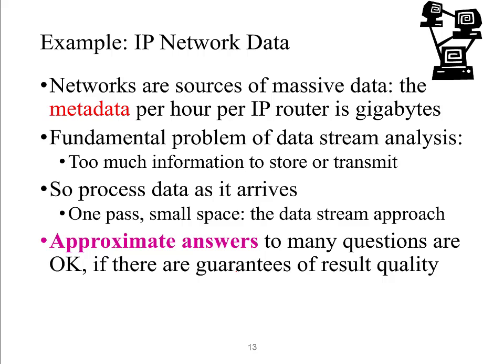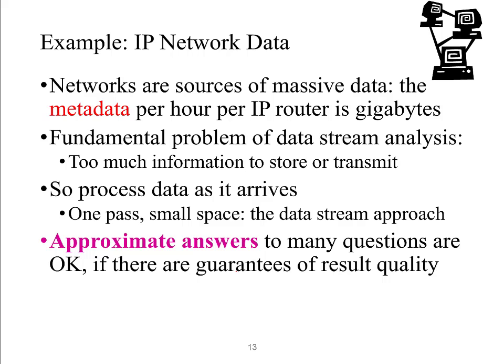Now let's look at a concrete example, where we consider IP network data. Networks are sources of massive data. The metadata per hour per IP router is gigabytes, right? The fundamental problem of data stream analysis is that there is too much information to store or transmit.